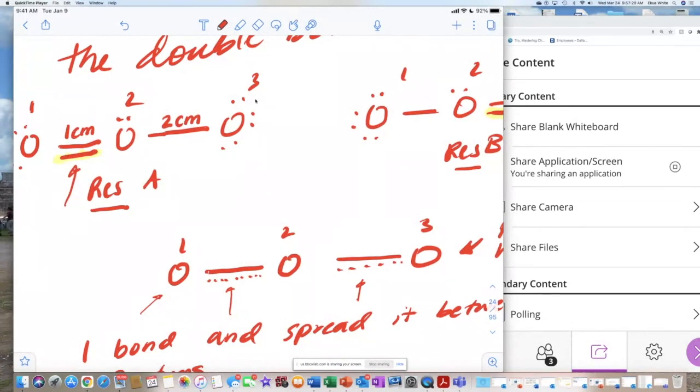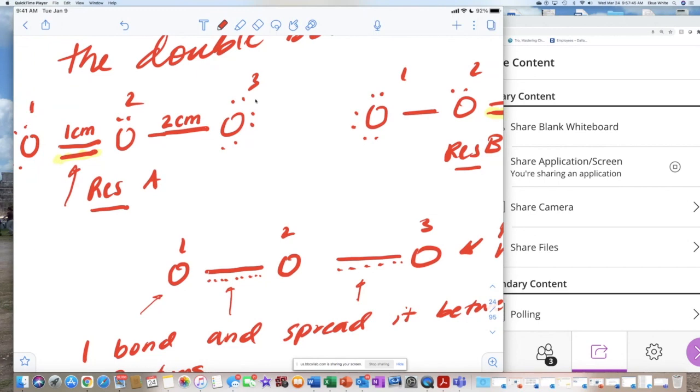Okay, so scientists were doing experiments to measure the bond length of ozone in its resonance form, in its hybridized form. Before they realized it was in the hybridized form, they were expecting to get 2 results for the bond length.